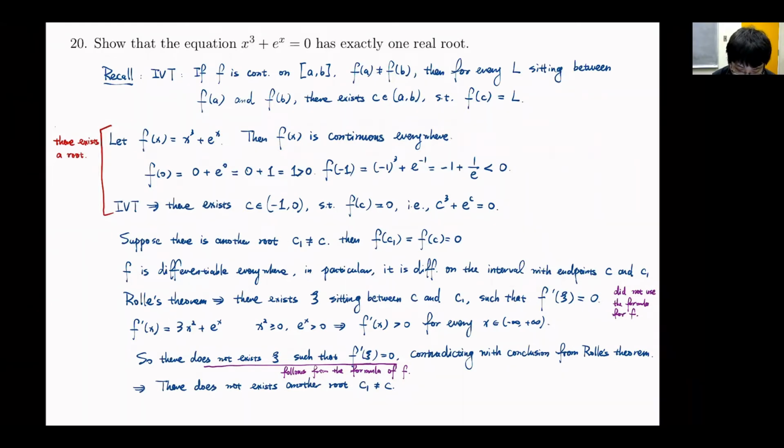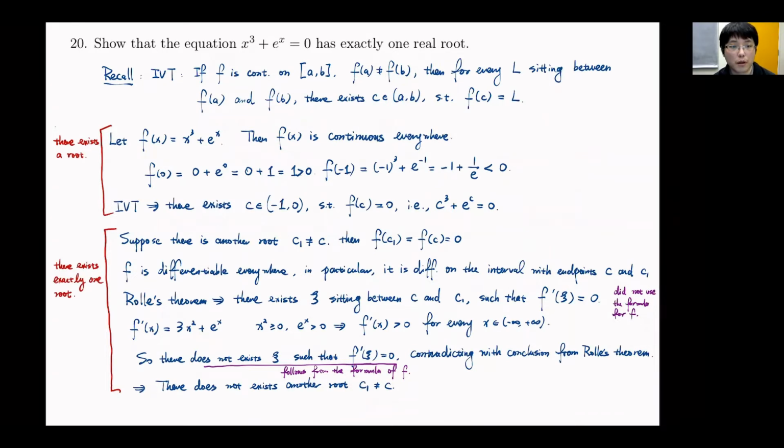The reason we are obtaining these contradicting facts is because our assumption is wrong. That's how we argue the uniqueness of the root. So this part argues that there exists exactly one root.